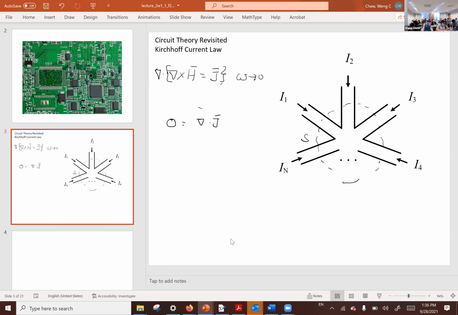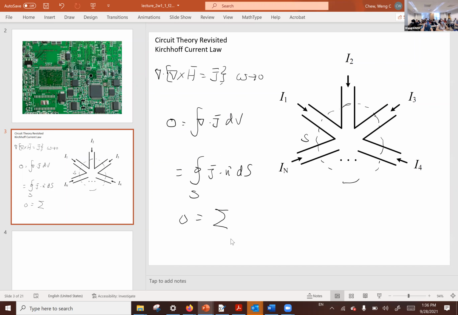And so you can apply this, and then it will become J dot n dS over a closed surface. And each of these integrals can be taken over only the section where the wire is flowing.